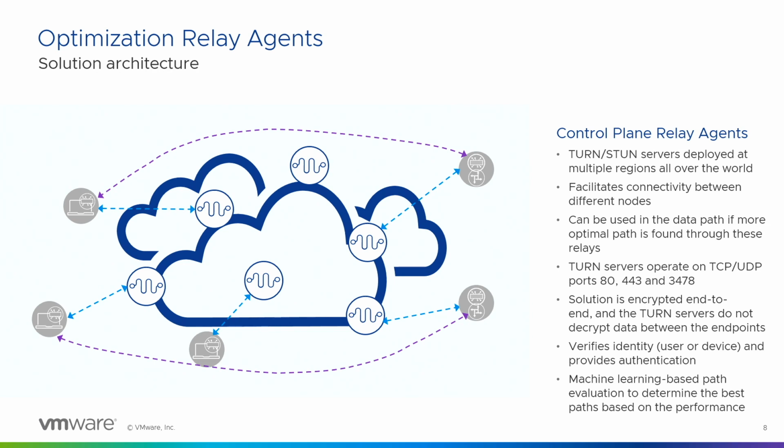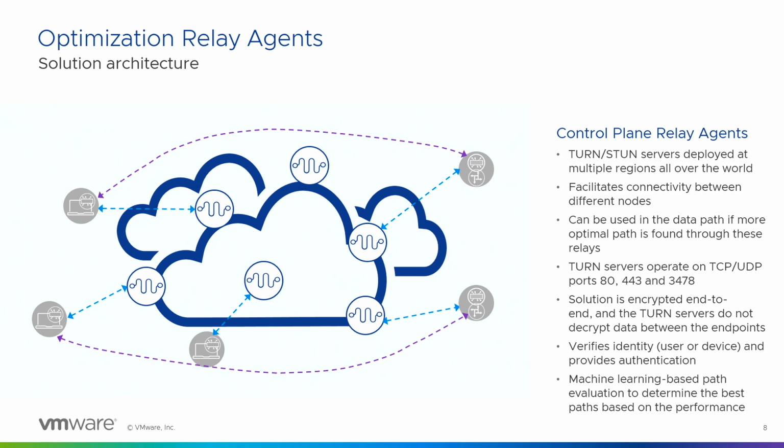In such cases, it's sometimes not possible to resolve the public IP addresses to facilitate that end-to-end data communication. So we rely on the TURN servers to relay the traffic from one end to the other end. The TURN servers use TCP and UDP ports 80, 443 and 3478.